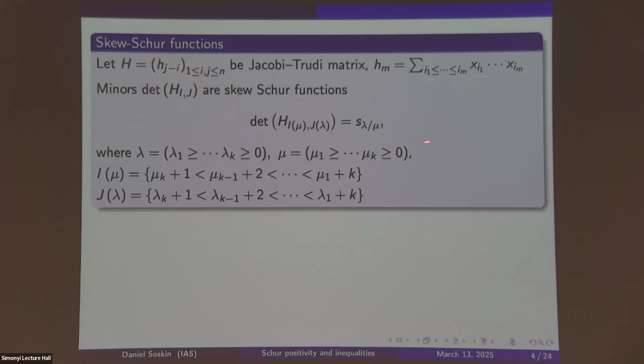And if you have a skew shape lambda/mu, then the Schur function s_{lambda/mu} is the determinant of the submatrix of the Jacobi-Trudi matrix given by row set I_mu and column set J_lambda. They are obtained from partitions lambda and mu by adding the staircase partition.